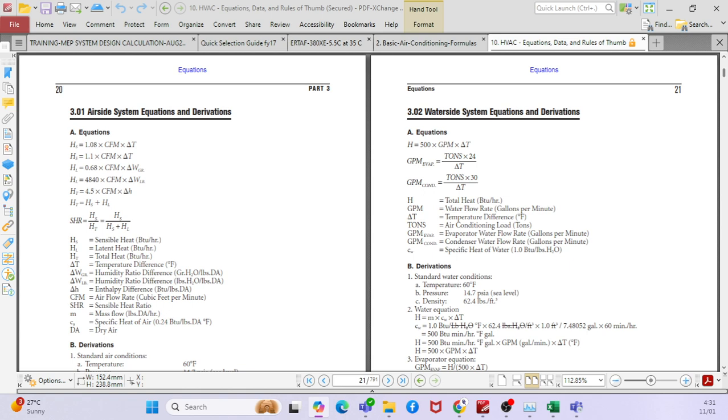Yeah, I can also tell you why there is a difference. Let me search that value.